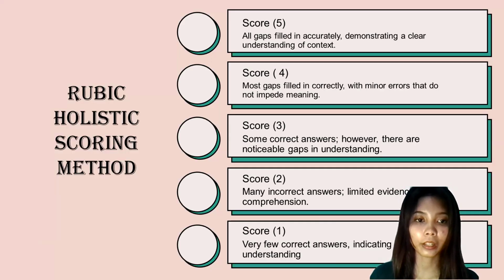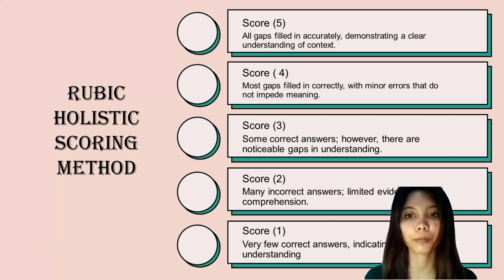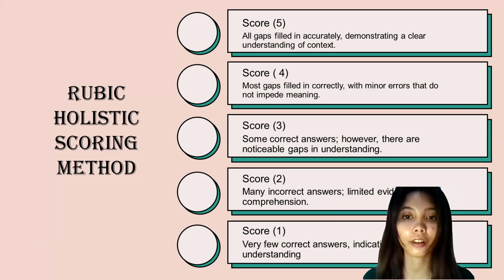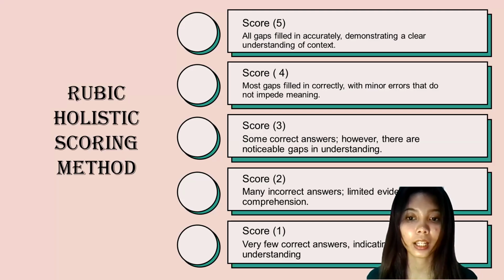This is the rubric for the holistic scoring method. I will give you a score of 5 if all gaps are filled in correctly, demonstrating a clear understanding of context. And then I will give you a score of 4 if most gaps are filled in correctly with minor errors that do not impede meaning. And then I will give you a score of 3 for some correct answers.